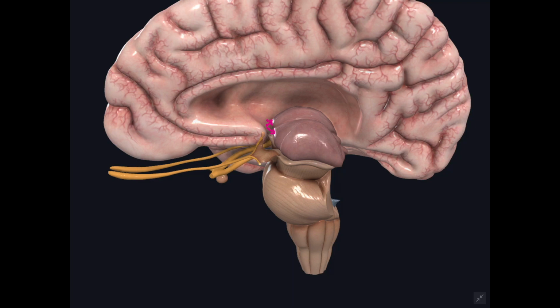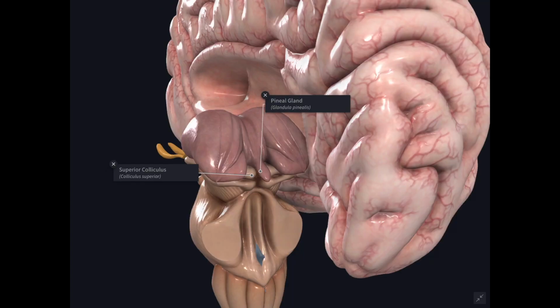The posterior ends are separated from each other by the pineal body, superior colliculi and habenular triangle. This is the posterior end. The posterior ends of the two thalami are separated by the pineal gland, and then you have the superior colliculus and the habenular triangle.